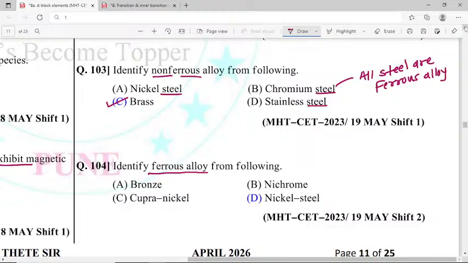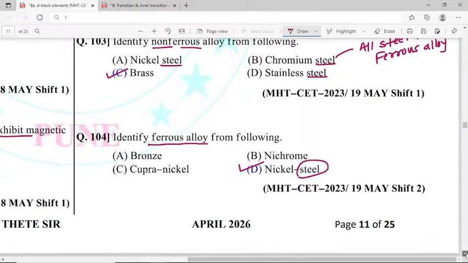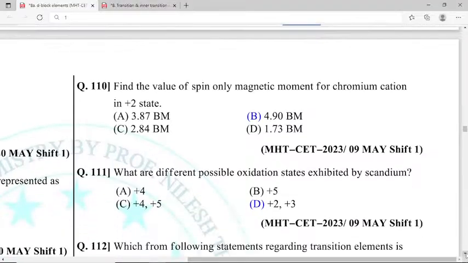So what is your answer? Ferrous, steel. If there is steel, so it is nickel steel. The remaining are non-ferrous alloys. Nichrome, bronze, cupronickel are non-ferrous alloys. Get it well? This is a very important question.